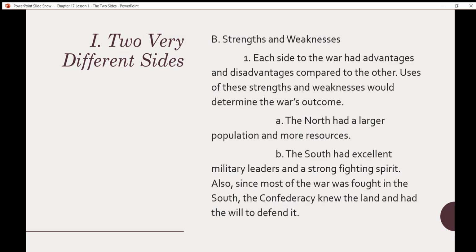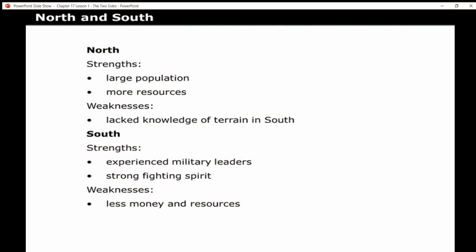Also, since most of the war was fought in the South, the Confederacy had a home turf advantage because they knew the land, and they didn't just know the land, they had the full intention of defending it. It was homeland to them. It was a matter of getting these Union people out of their property and defending their right to being considered an independent nation.